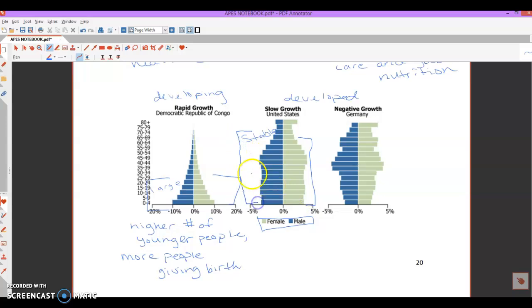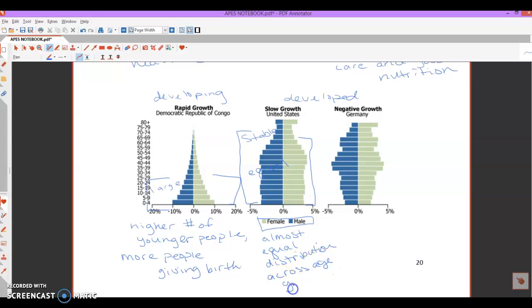So we have almost equal distribution across age groups.